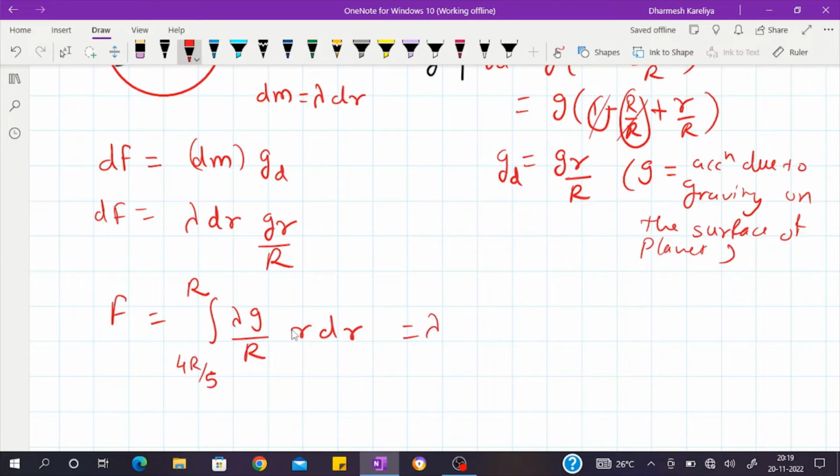Lambda is constant, take it out. g is on the surface of that planet, we don't know the value, but it is constant. R is the radius of the planet, that is also constant. Integration r dr, and limits are 4R by 5 to R. Okay, if you have any doubt, you can just comment in the comment box, so that I'll clear your doubt regarding the solution.